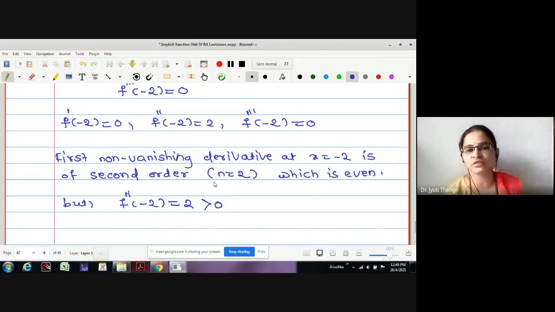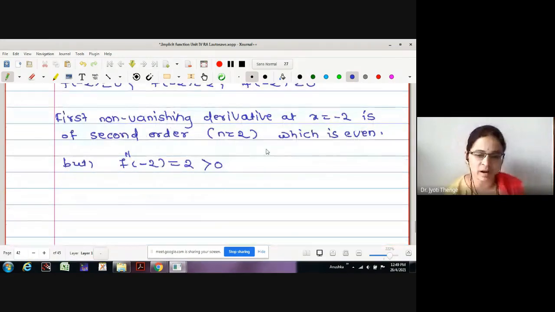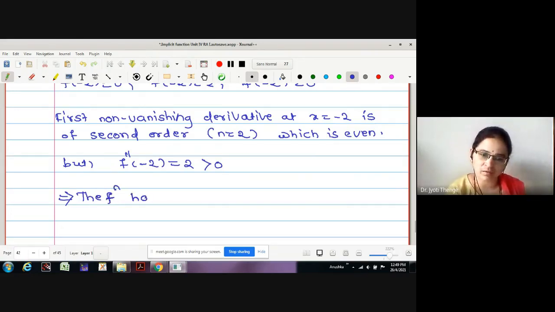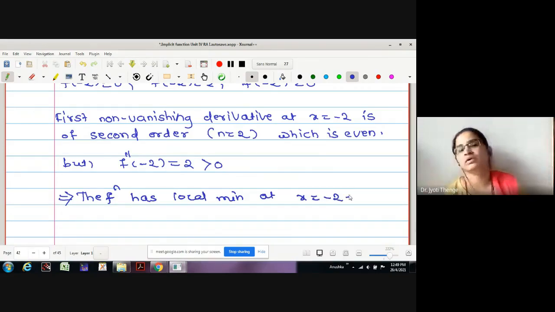Therefore, what is the nature of your extrema at x equal to minus 2? May I say this is local minima? This is greater than 0, right? The function has local minima at x equal to minus 2.